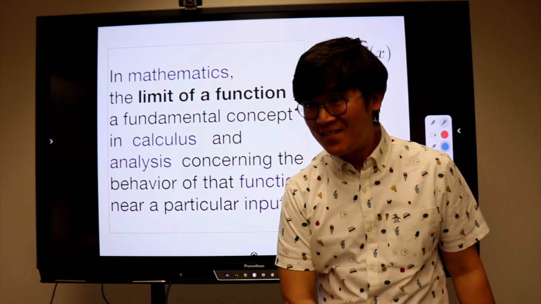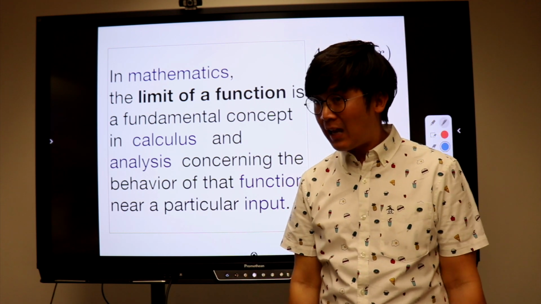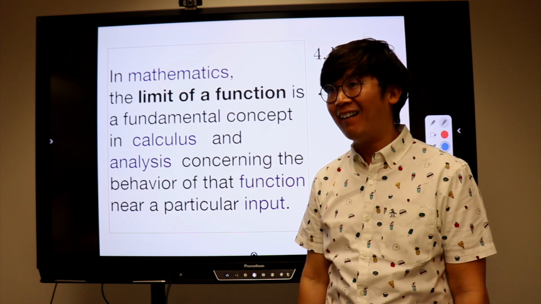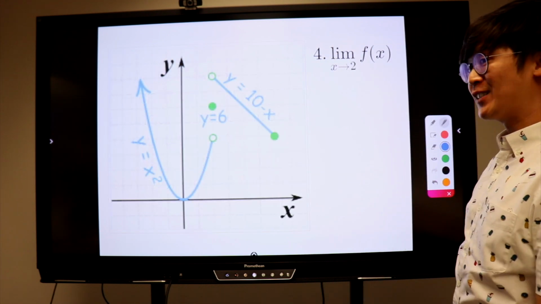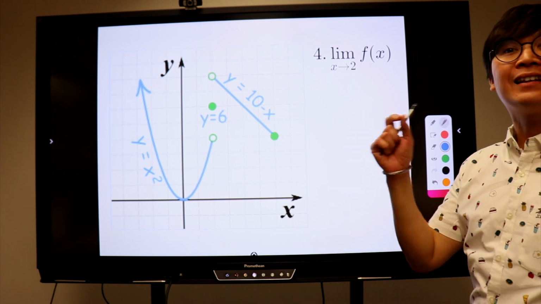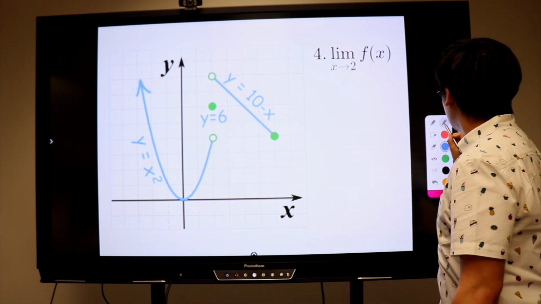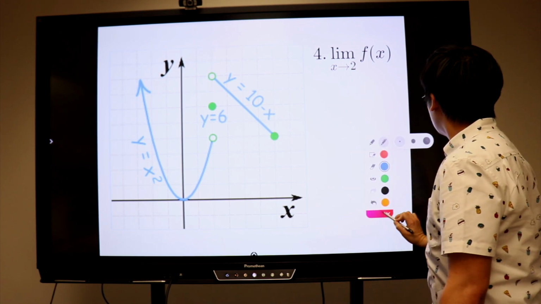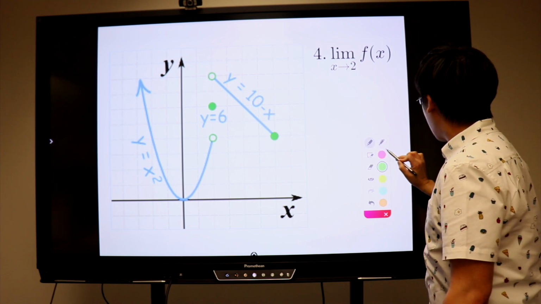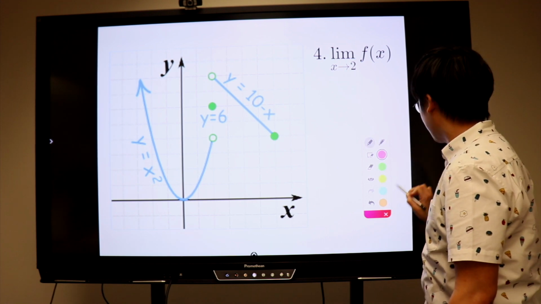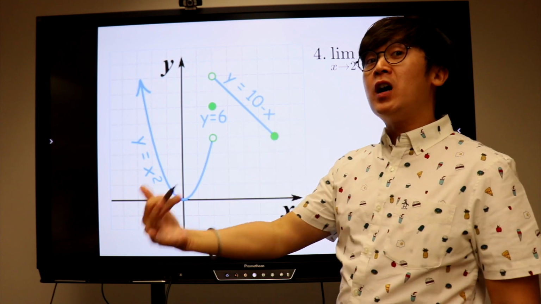Do you understand it now? Honestly, do you understand it now? Yes. Okay. So let's solve it then. What does that exactly mean? I'm going to show you a visual way to understand the limit of a function.